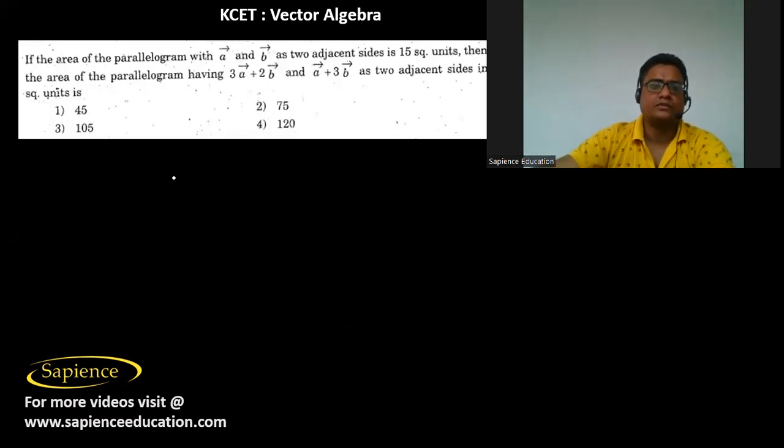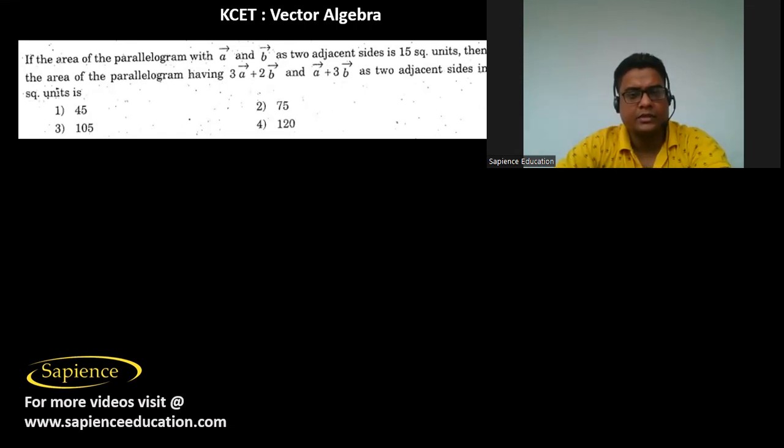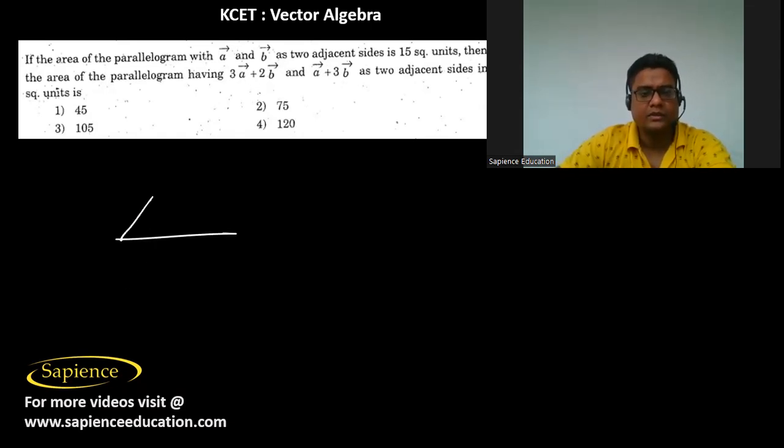Then here it is told, if the area of the parallelogram with a and b as two adjacent sides is 15 square units, then find the area of the parallelogram having 3a plus 2b and a plus 3b as two adjacent sides in square units. So here we have a parallelogram, and a and b are two adjacent sides.